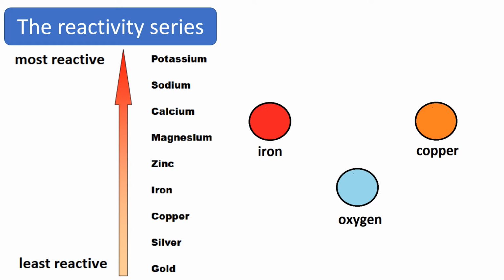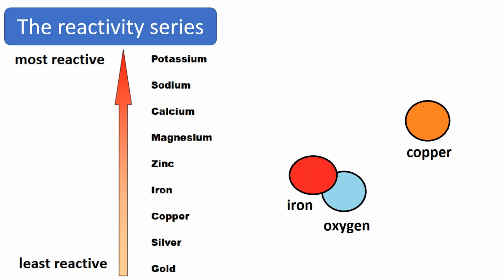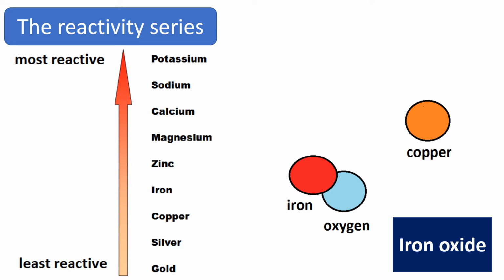And so in this example, the iron and the oxygen would bond together as a compound and copper would be left on its own. It wouldn't have the opportunity. Iron's already got there first. Now you'll notice that it's no longer iron and oxygen. What would it be? It would be iron oxide, the compound. And we talked last lesson about them being colourful. Often iron oxide is a rusty colour.